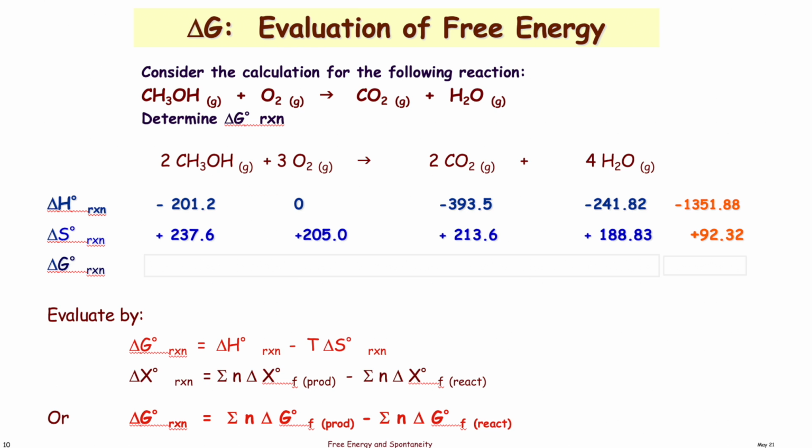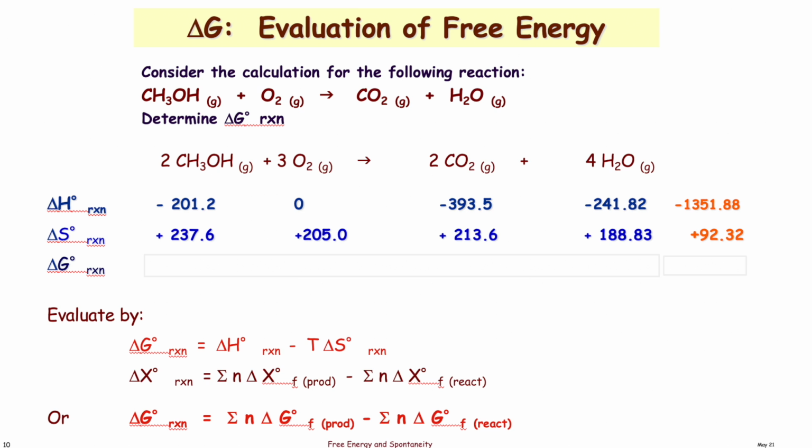By the way, without doing any calculation, a combustion reaction is always exothermic. It always generates heat, which is consistent with that negative sign. And if you look at this reaction, we have 5 particles in the reactants and 6 particles in the products. Entropy increases because you have more chemicals in the products, so delta S should be positive, and that's what you see right here.